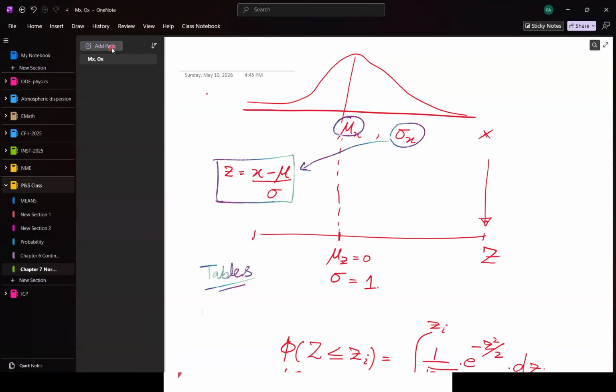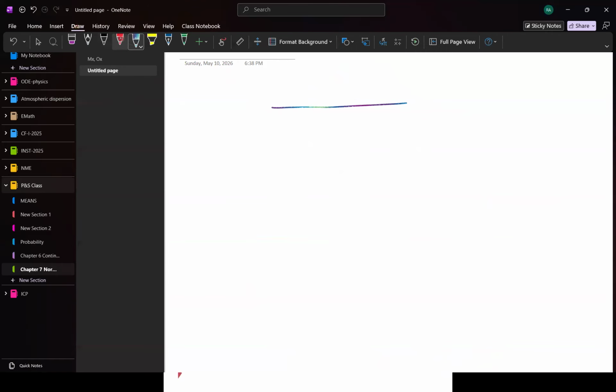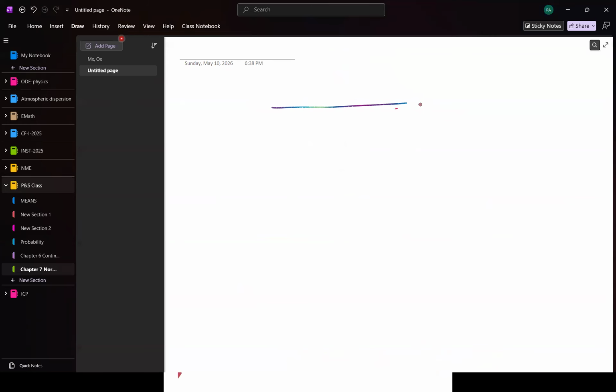I mentioned earlier that we will change the scale. So it is the x scale. We have 2 points, x1 and x2, and they are on the opposite sides of the mean value.